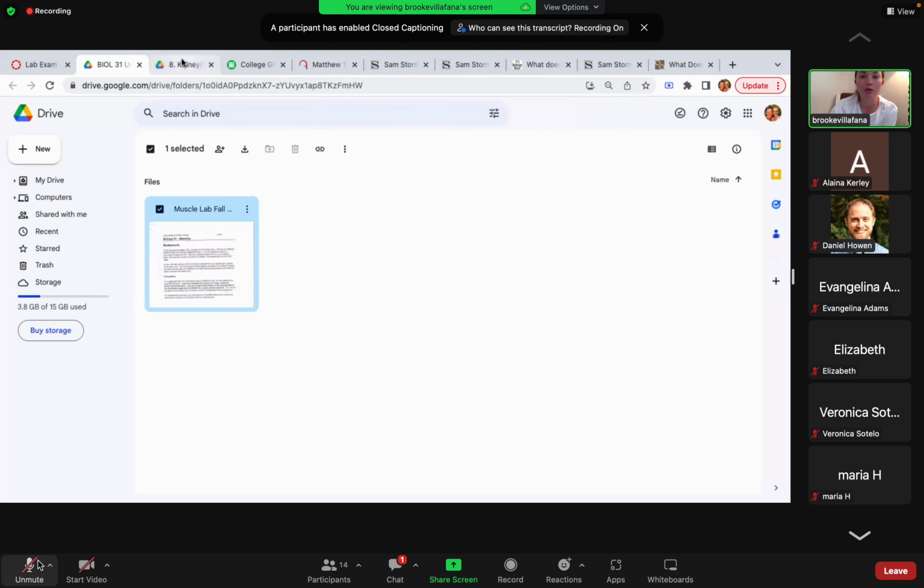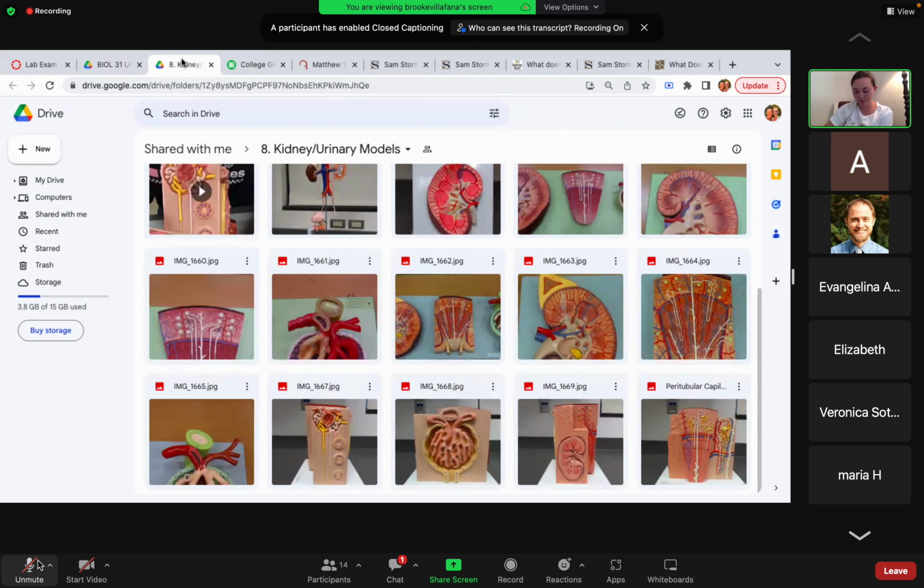Everybody's good. All right. So let's look at the kidney model, and then we'll go into the kidney lecture. Depending on how much we do today, I don't know if I'm going to finish it 100%. I think I'm going to leave the last little part for Thursday. And then maybe if we can get a little bit ahead of the content, like maybe do male reproductive, then next week I can help you guys review for the exam, if you're good with that.